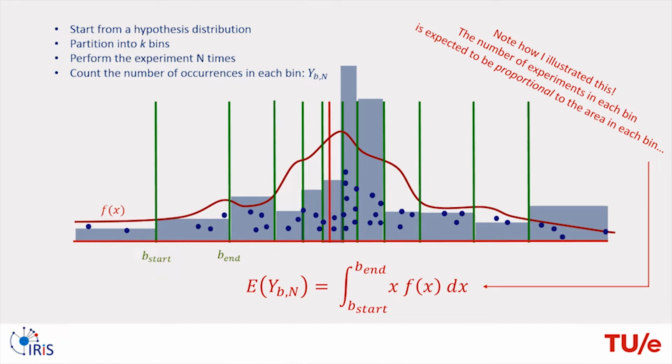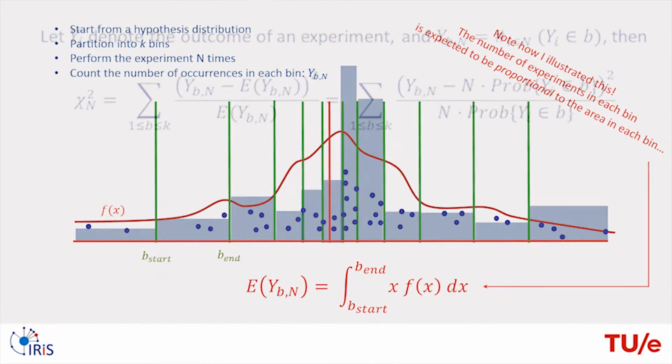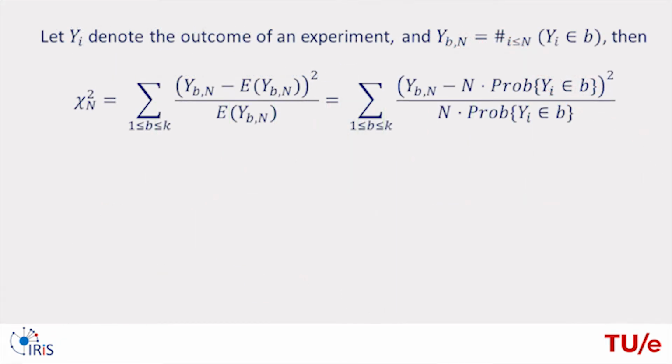For our test, we then compute the so-called chi-square statistic, which looks basically like the variance: the number of actually counted experiments in a bin minus the expected number of experiments that would fall in that bin, squared, divided by n and divided by the probability of indeed finding an outcome in a bin.